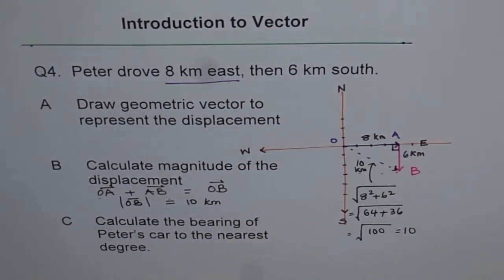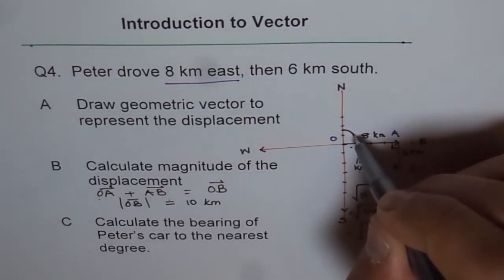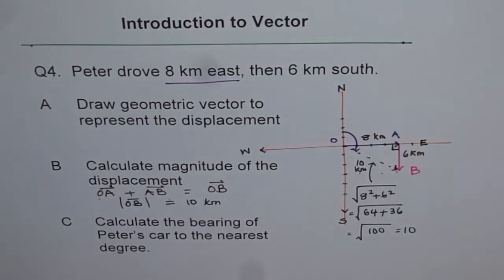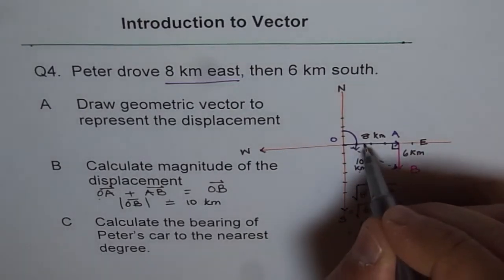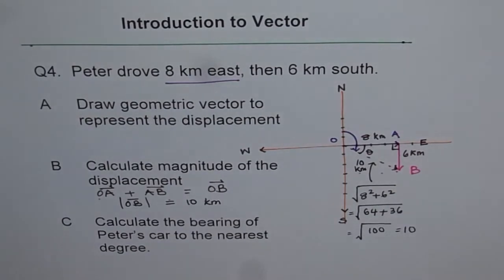To really define this displacement, we have to find the angle of bearing. Angle of bearing is part C, and that is this angle, from north clockwise. To calculate this angle, let's first find this acute angle theta, which we can calculate using trigonometric ratio, tan theta.